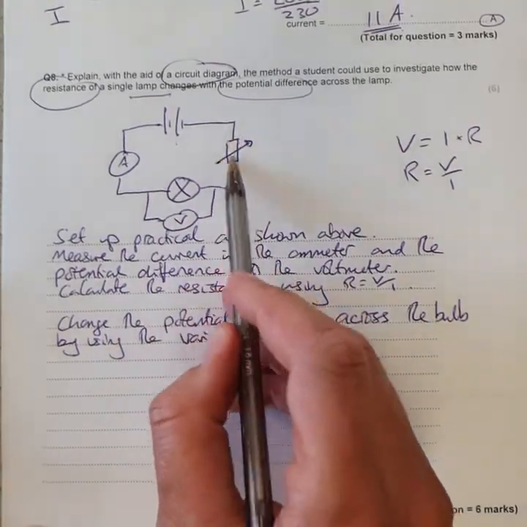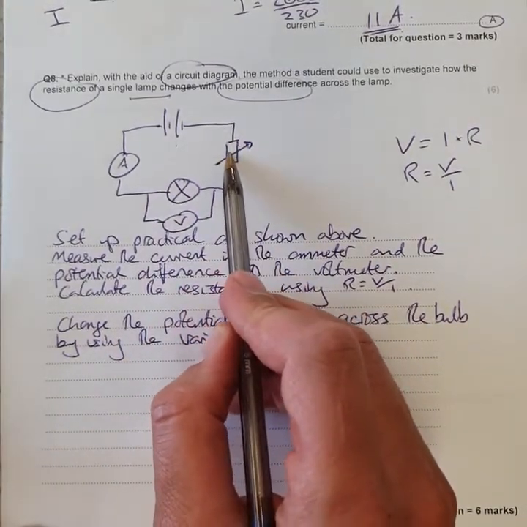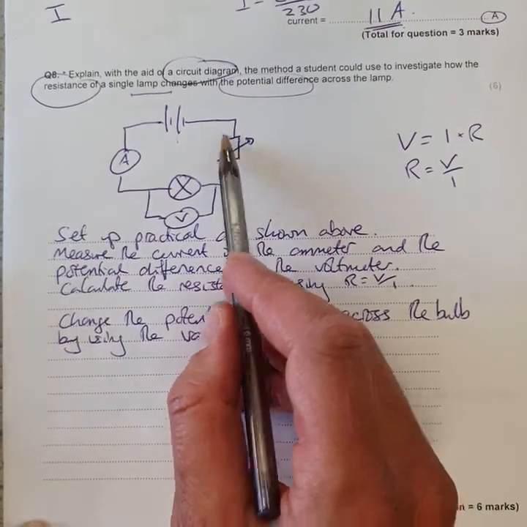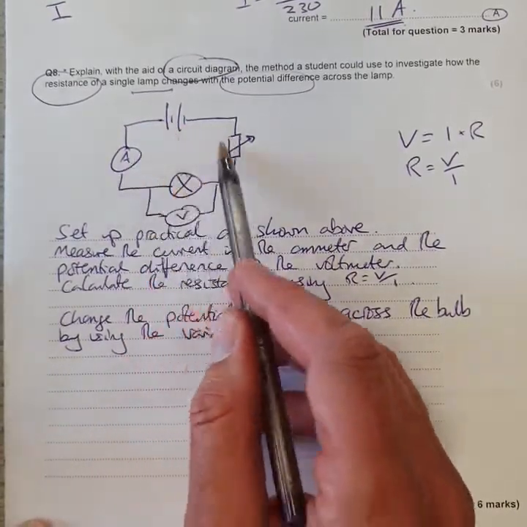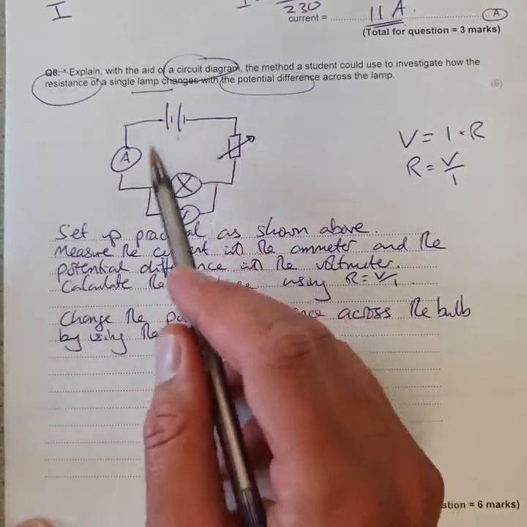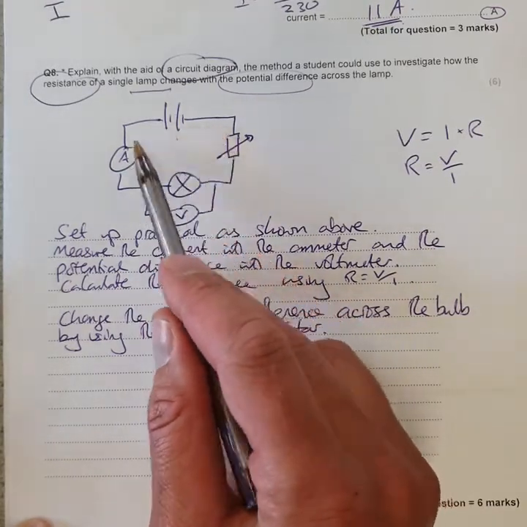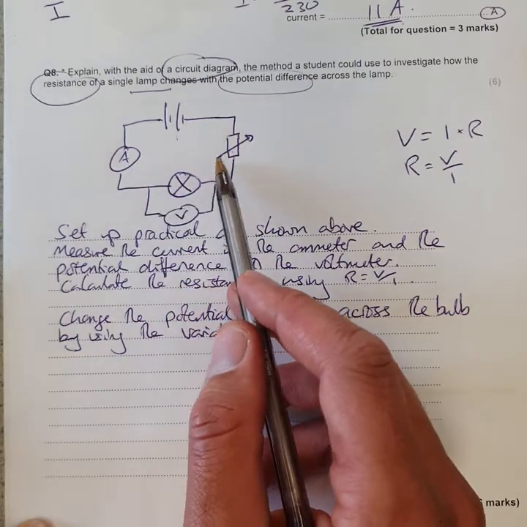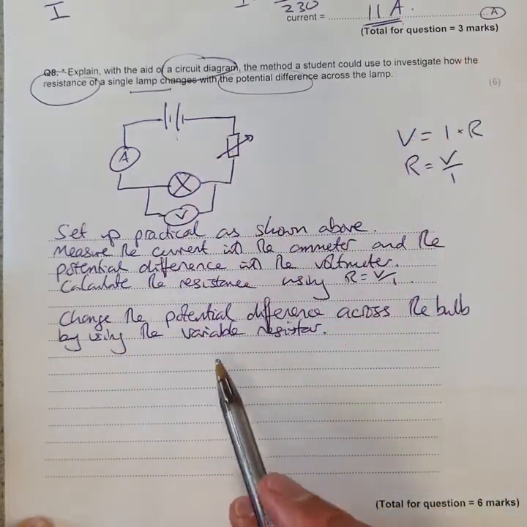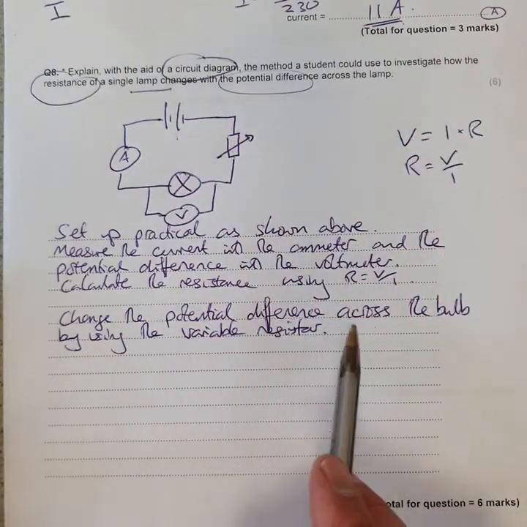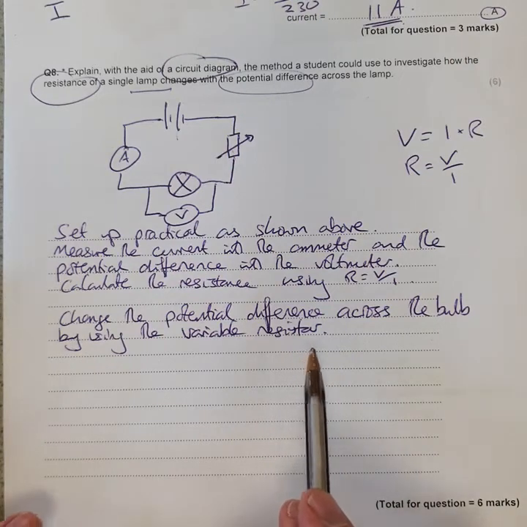If we increase the resistance here, we increase the resistance of the whole circuit, so the current passing through the circuit is going to drop as the resistance is higher.